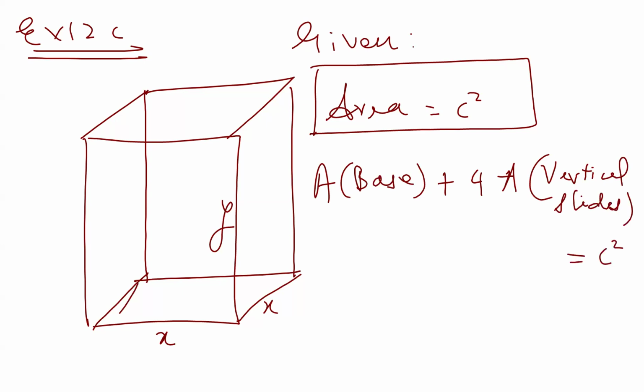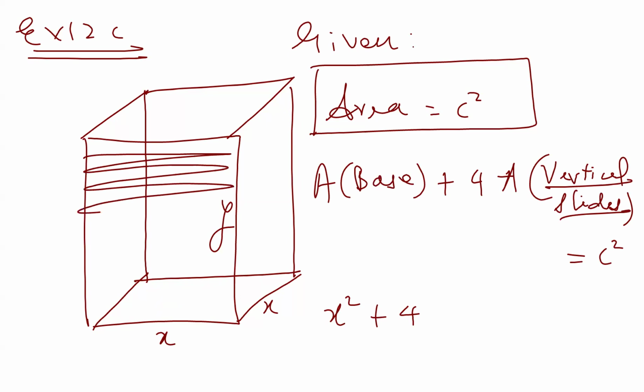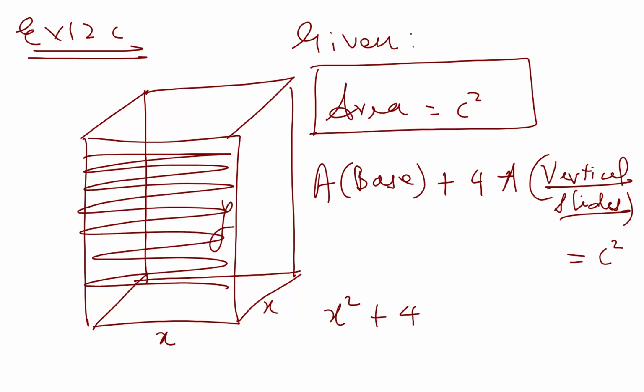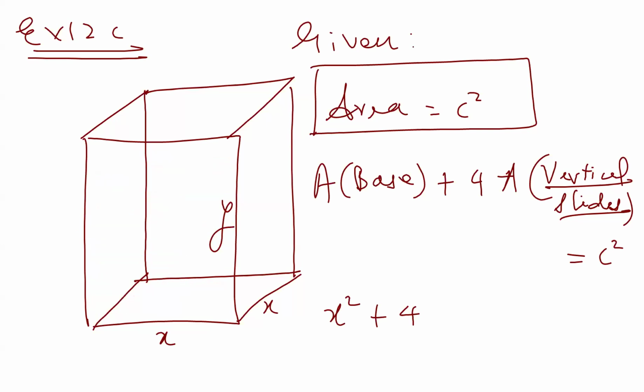So the area of this base is a square, so it is x square, plus 4 times the area of the vertical sides. This is a vertical side, it's a rectangular side, we are not very sure whether it's a square or not. So the area of this particular side is length into breadth, which is x into y, and there are 4 such sides.